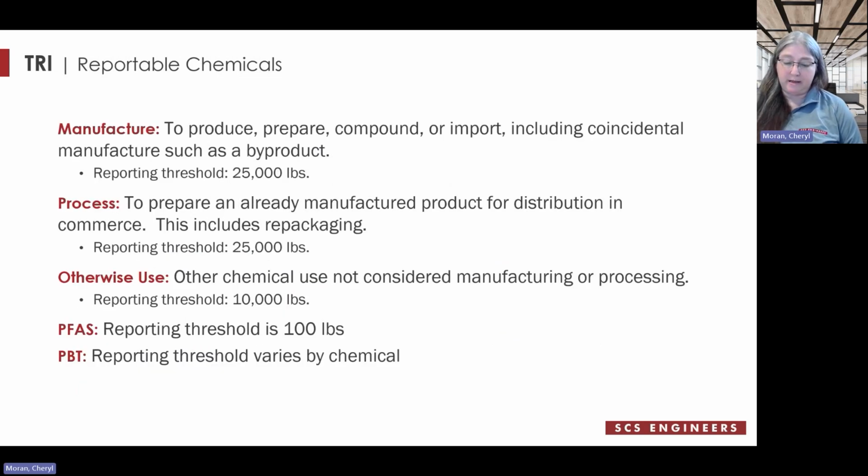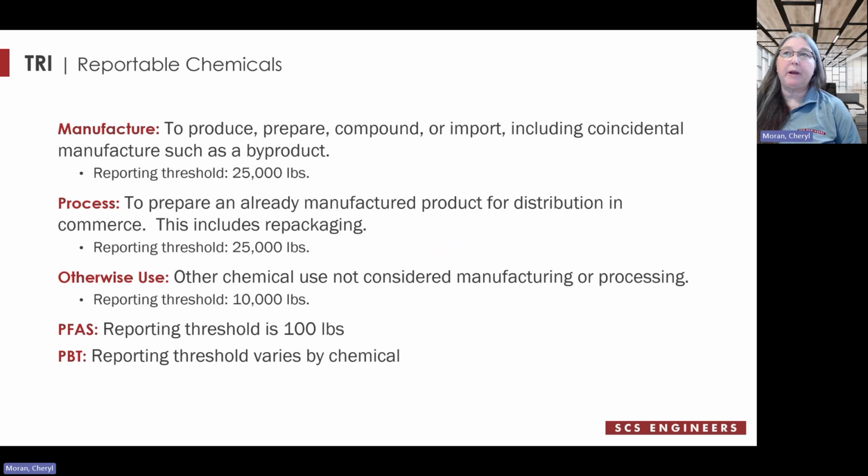There are different activities that are looked at when we are starting to do our calculations for threshold applicability. In order to determine whether a chemical exceeds a reporting threshold, we have to look at how it's used.